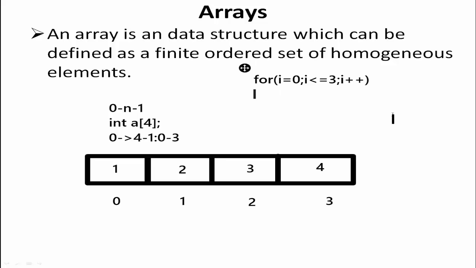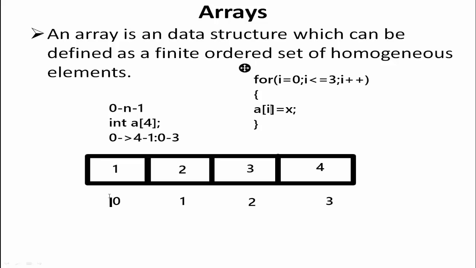Next what I am going to do is, we need to print all the elements inside the array. We have to assign the value to x. A of i equal to x, so that you have assigned the array element to x. So i is an index of an array.